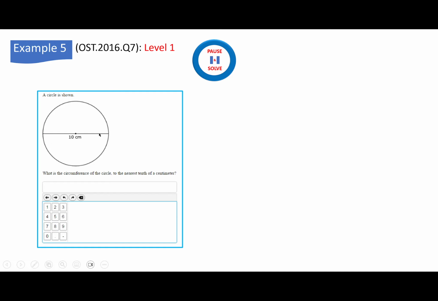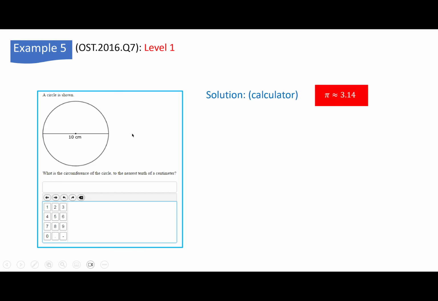This is the diameter, so I can use the whole diameter for the circumference. So the formula is C equals pi times D. Substitute pi 3.14, D is 10. You get C equals 31.4 centimeters.